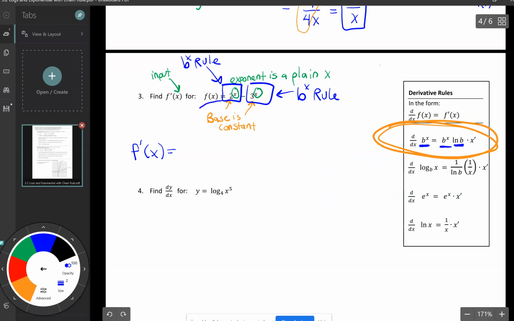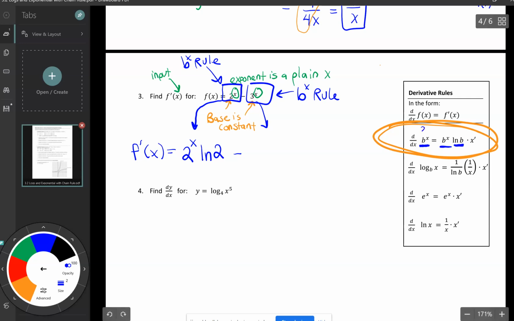For my first term, if my term is 2 to the x, then the derivative is 2 to the x. But I have to tack on the natural log of the base, which happens to be a 2. Technically, I have to tack on the derivative of the exponent, but the exponent is a plain old x, so the derivative is a 1, so I don't need it. Then I just repeat it for the next term. The next term is 3 to the x.